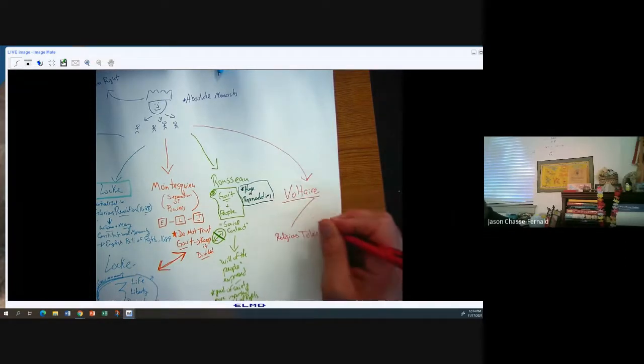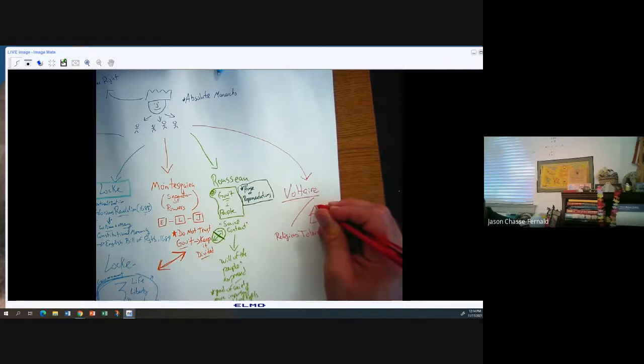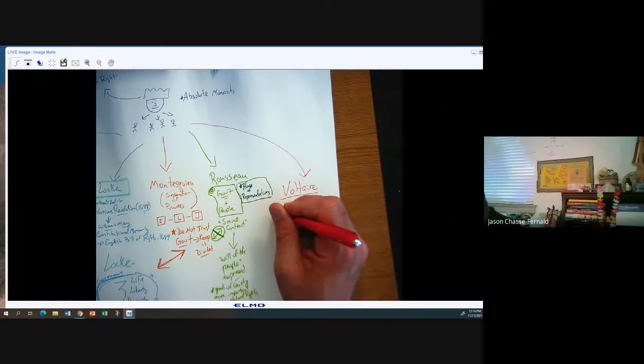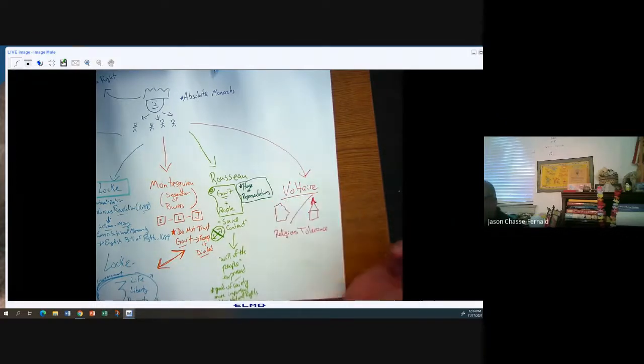Religious tolerance. So we've got the church, right? Church. Steeple on top there. That's probably the most awful church you've ever seen. Right, church and state. So it's a dry state shape that you might be familiar with, right?